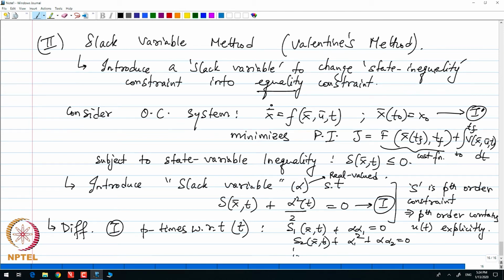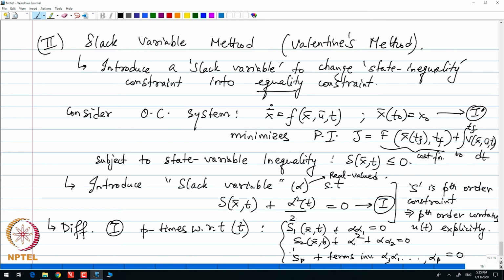And finally, we will have SP plus terms involving alpha 1 to alpha p, set equal to 0.